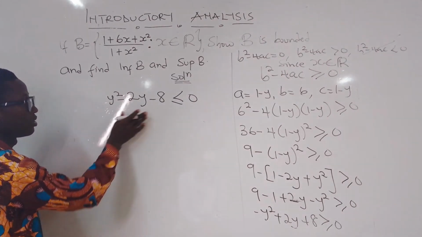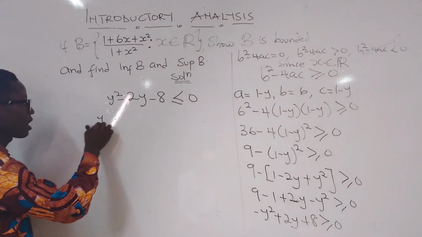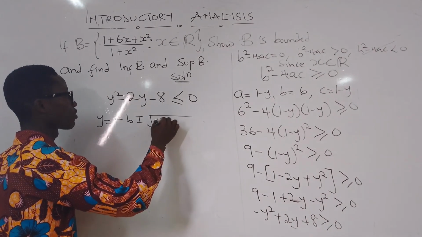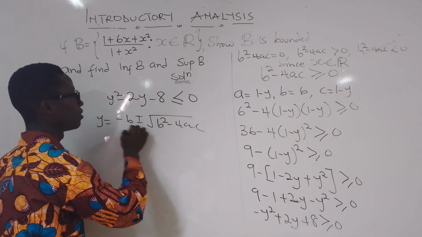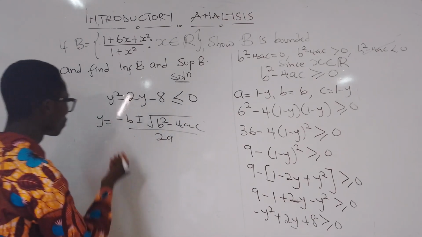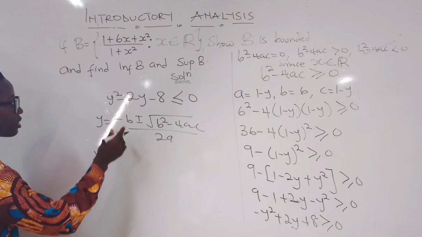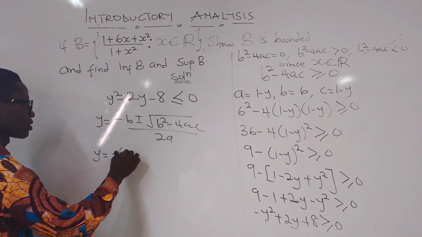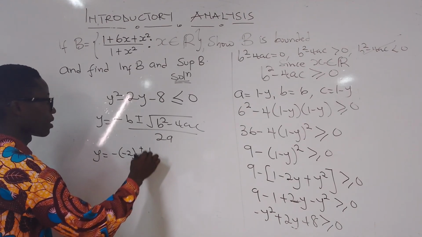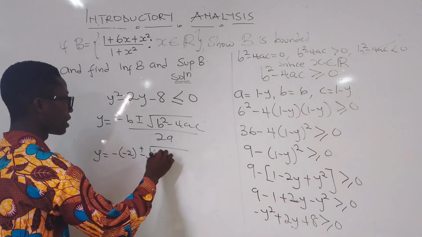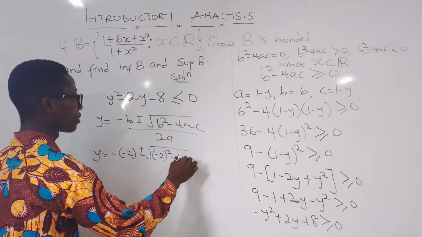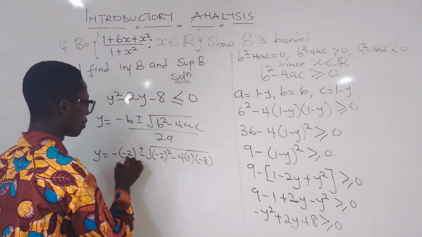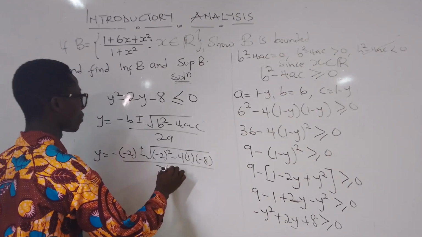Now we are going to use the quadratic formula: y = (-b ± √(b² - 4ac))/2a. So I'll have y equal to, the b is negative 2, so 2 ± the square root of (-2)² - 4 times a, which is 1, times c, negative 8, over 2 times 1.